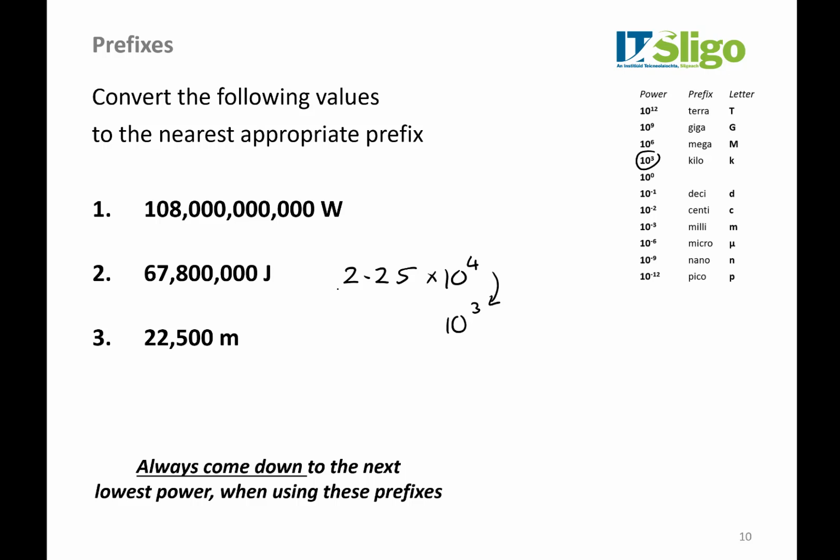This side has got smaller, so this side gets bigger. 22.5 by 10 to the power of 3. 10 to the power of 3, guys, gets the prefix kilo, so this is really 22.5 kilometers. Note again, space between the number and my units, no space between the prefix and the unit. So that's the idea, guys. Always drop down to the next available prefix.